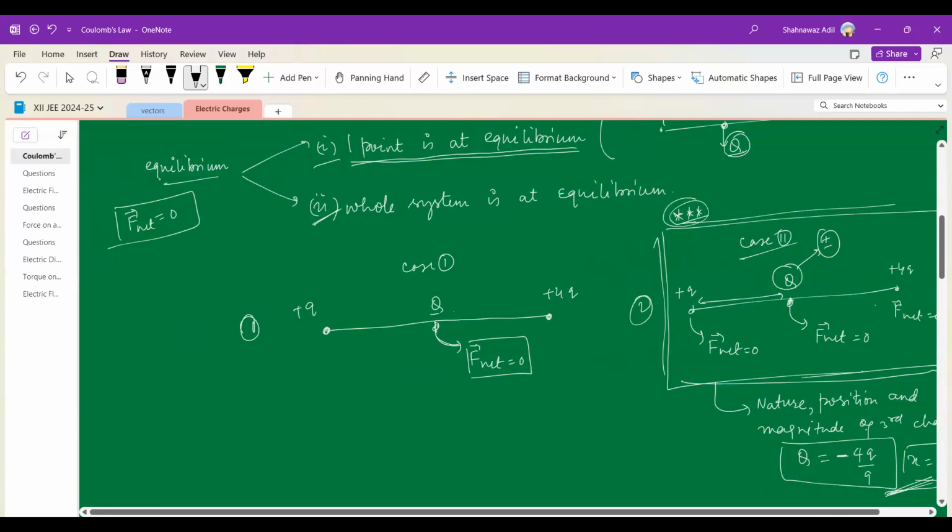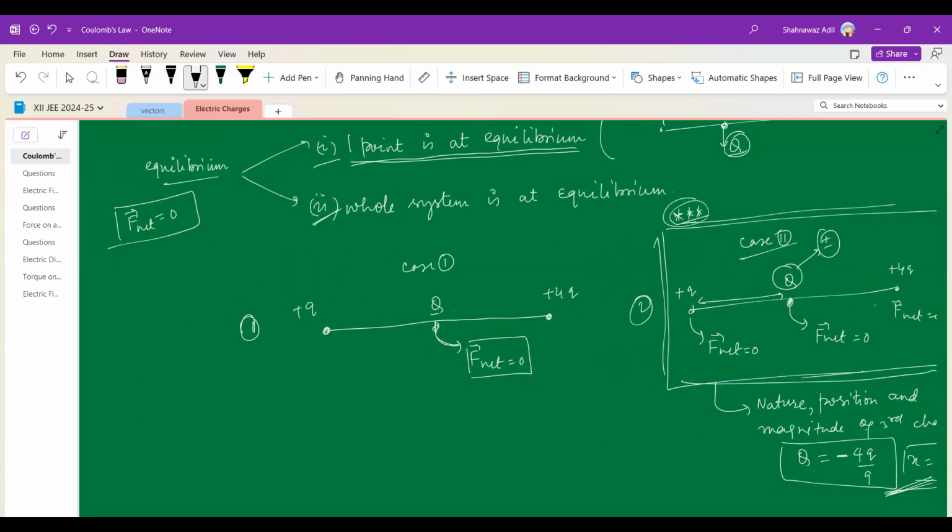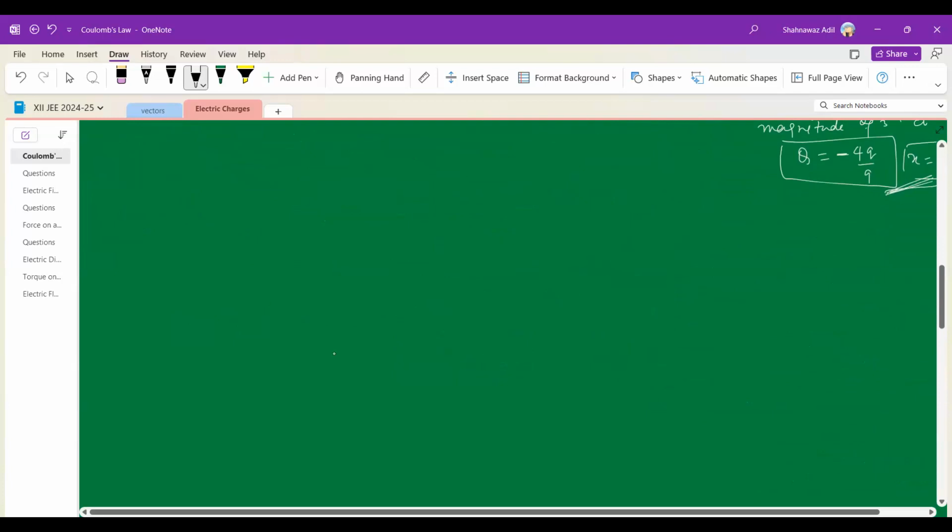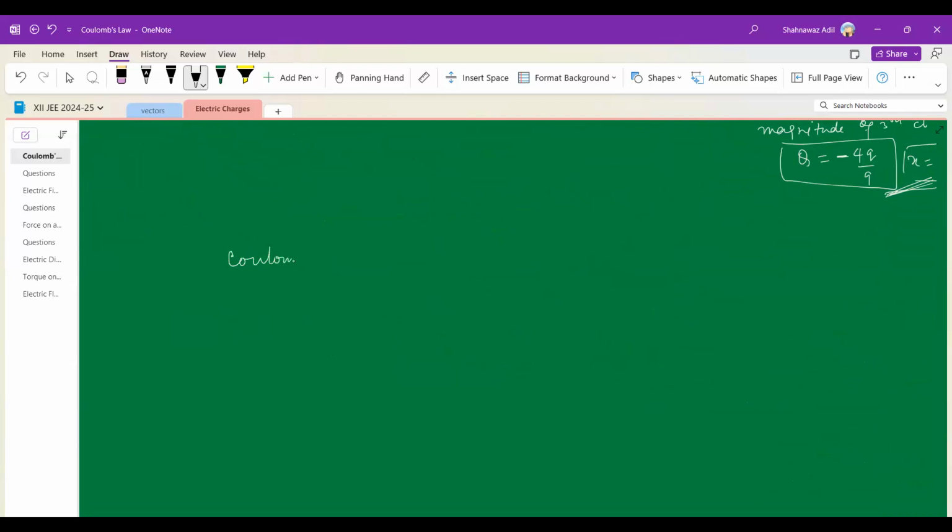Now we have Coulomb's law, we have equilibrium, and then we add three topics or three concepts to it. So we have Coulomb's law, and then we have equilibrium, and then we add mechanics. So these are the questions that have been asked.